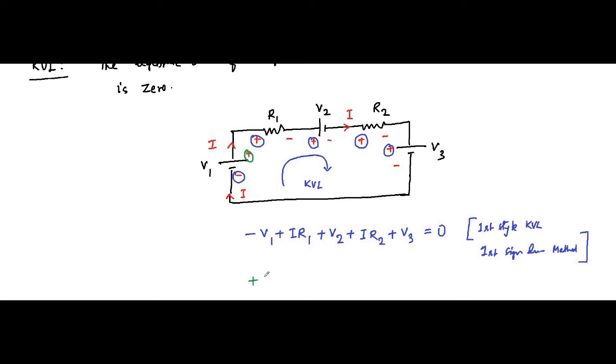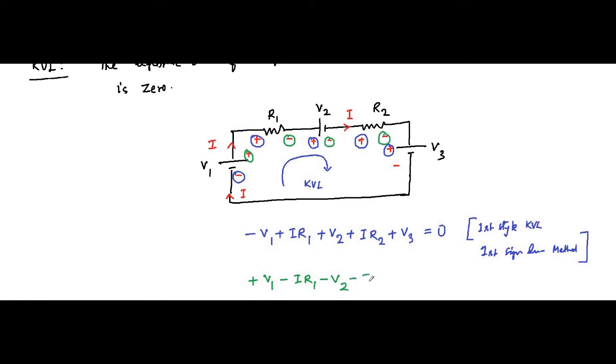Then for R1, the second sign is this negative polarity, minus. So that will be minus IR1. Then for V2, the second sign that we come across is minus, so we write minus V2. Then for R2, the second sign that we come across is minus, so this voltage drop will be minus IR2.